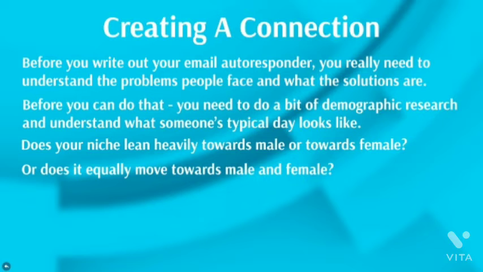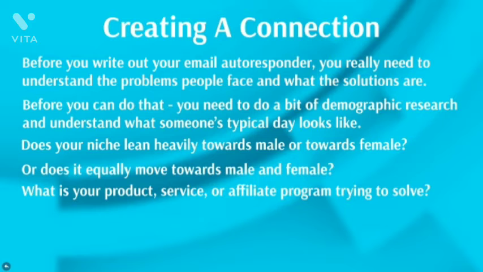But even 75%, you're kind of moving towards that 50% so that it's both male and female. But if it's heavily towards males or heavily towards females, 80% or above, or 90% or above, then you want to jot that down. The next question is, what is your product or service or affiliate program trying to solve? So let's pick a niche. For example, survival niche.